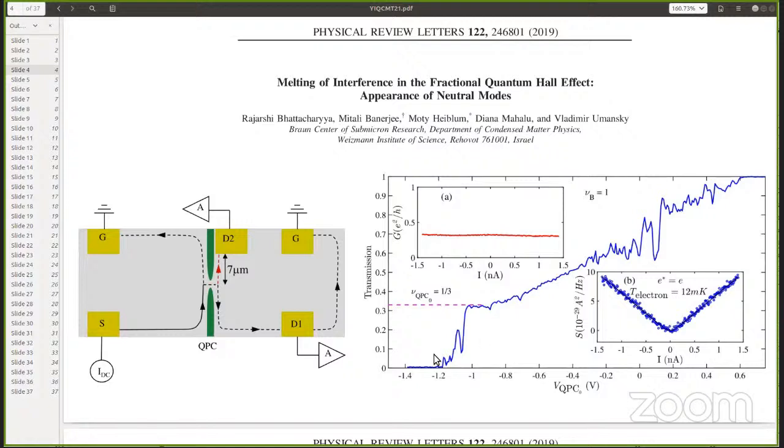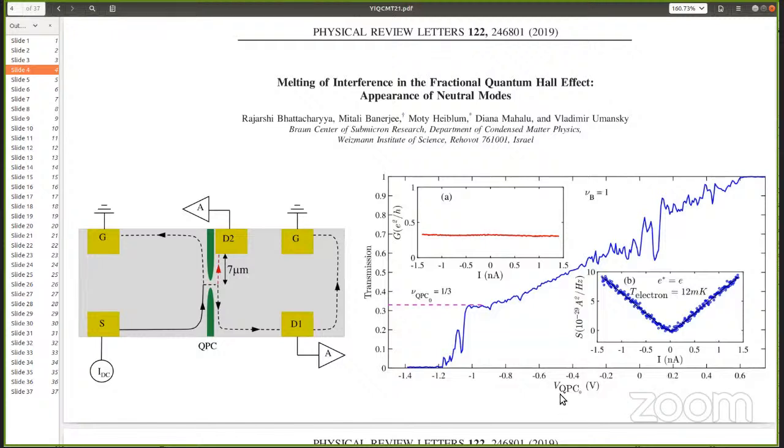Here is the transmission as a function of the gate voltage on the QPC. You see that when the voltage is negative and large, the transmission is essentially 0. So the QPC is closed and all the current is going from S to G. On the other hand, when the voltage is large and positive, the QPC is open, and all the current goes from S to D1, and you see a transmission of 1.